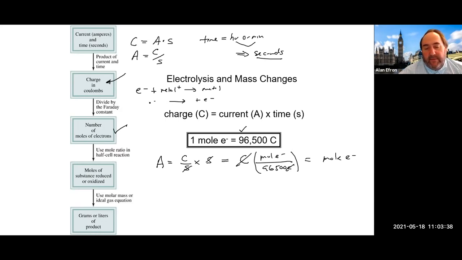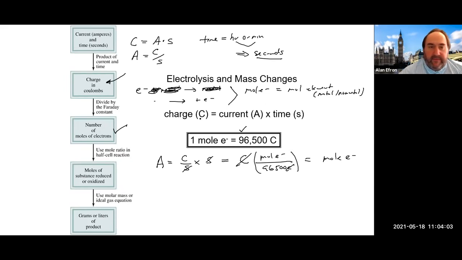And basically what we could do is, I'll get rid of these for now. So we have our oxidation or reduction half reaction. We go to the half reactions and we find the moles of electrons to the moles of the element we're looking for, maybe the metal, maybe the non-metal.